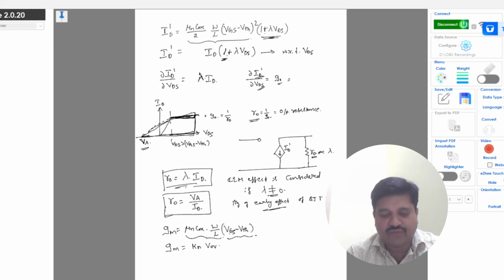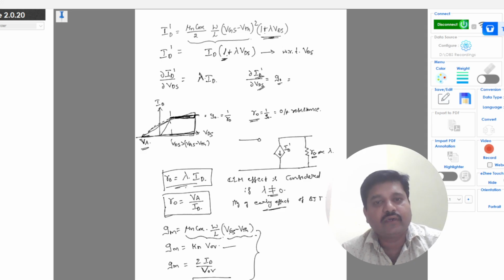This is one of the expressions of the transconductance, and by rearranging these terms you can also represent GM as 2 times ID by VOV, that means the overdrive voltage. Also we can represent this transconductance as the square root of 2 times ID into Kn. So these are the different ways of representing the transconductance.